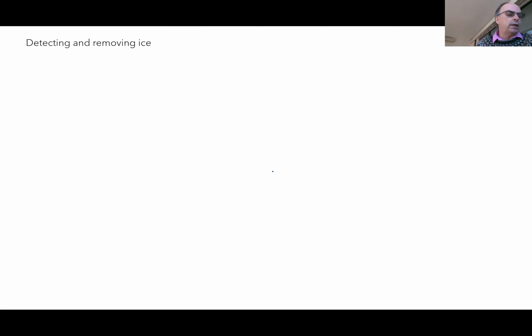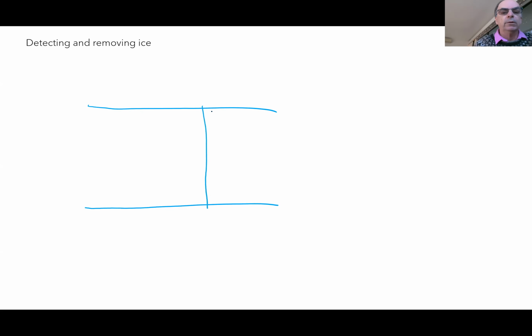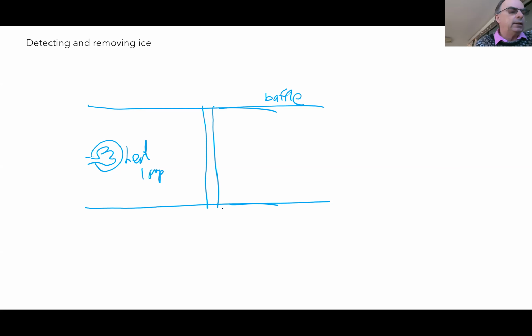Okay, so how do you detect and remove ice? Let's draw a part of an optical telescope. Here's a window. You put a baffle on the front to reduce thermal radiation losses. I think a good idea is to have a heat lamp inside your telescope, which can illuminate the window evenly.